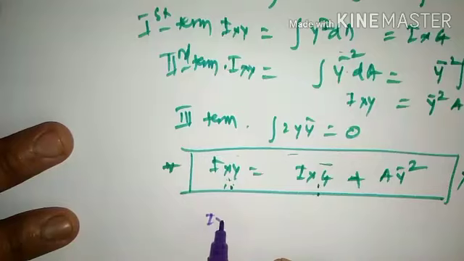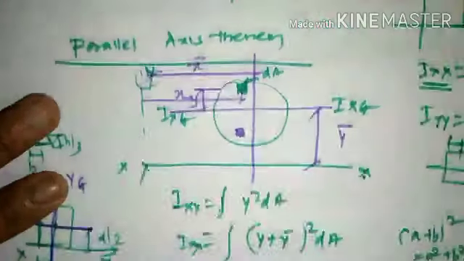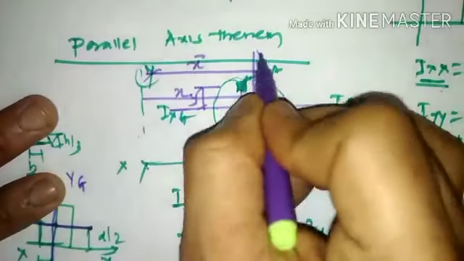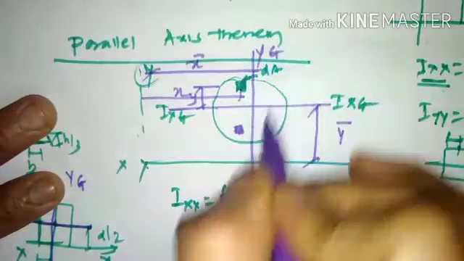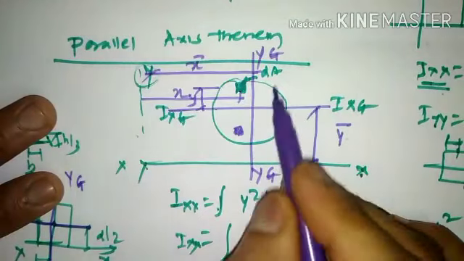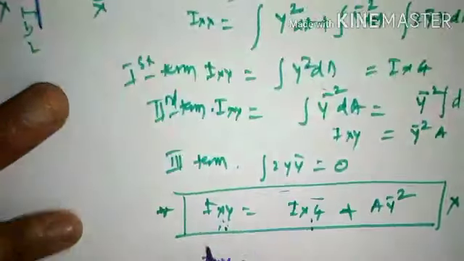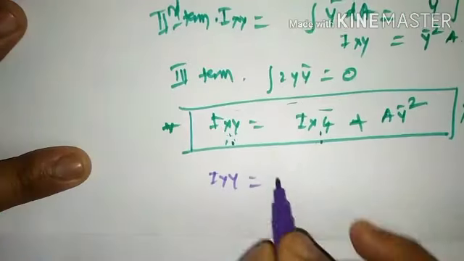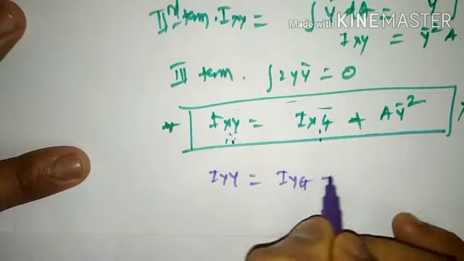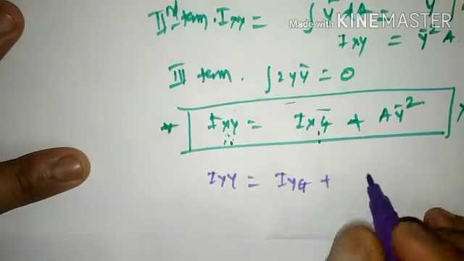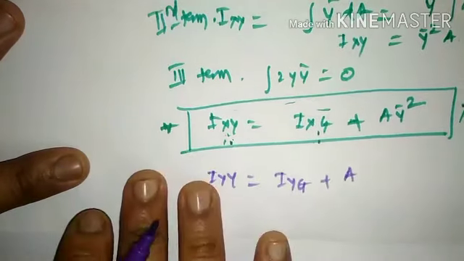So when I consider the moment of inertia along yy, it has a relationship between yy and yg. Now what is yg here? Yg is nothing but the axis line which passes through the centroid along the y direction. So Iyy is equal to Iyg plus the second term, which is the whole area multiplied by the distance between the two axes.